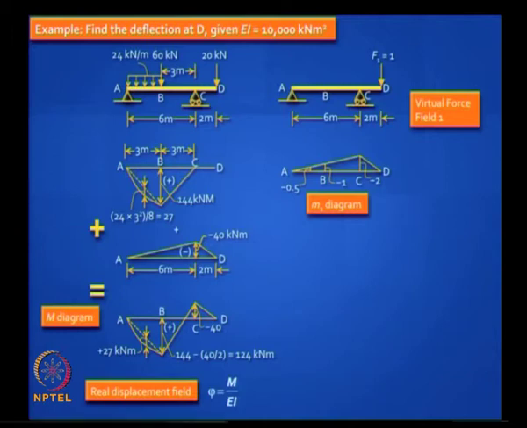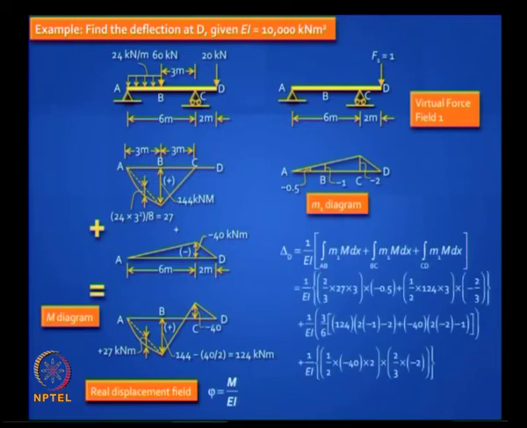That is your M1 diagram, and this is what you need to do. You need to find delta by multiplying that M1 diagram with the capital M diagram. It makes sense to separate out the curved part from the straight line part, and if you work this out using the formulas we derived, you will get the correct answer.